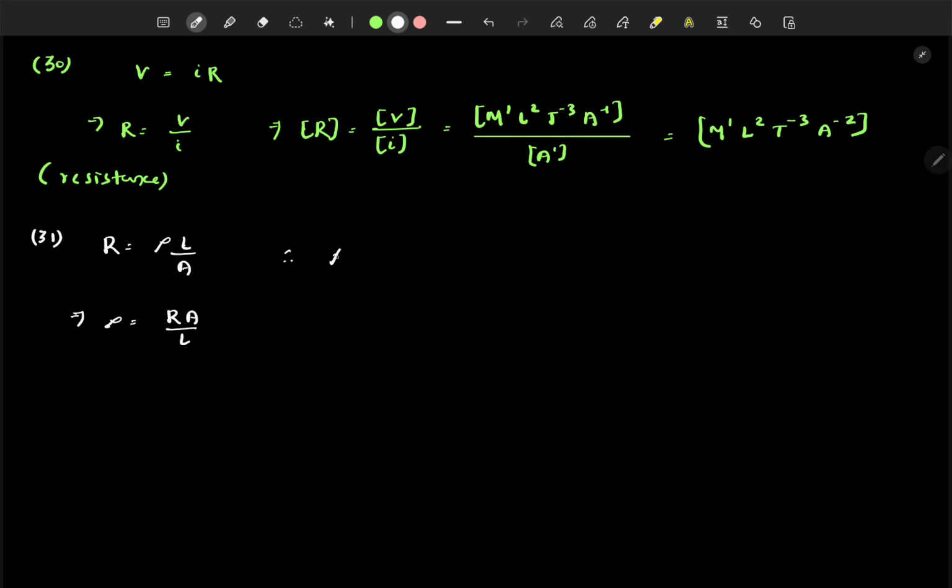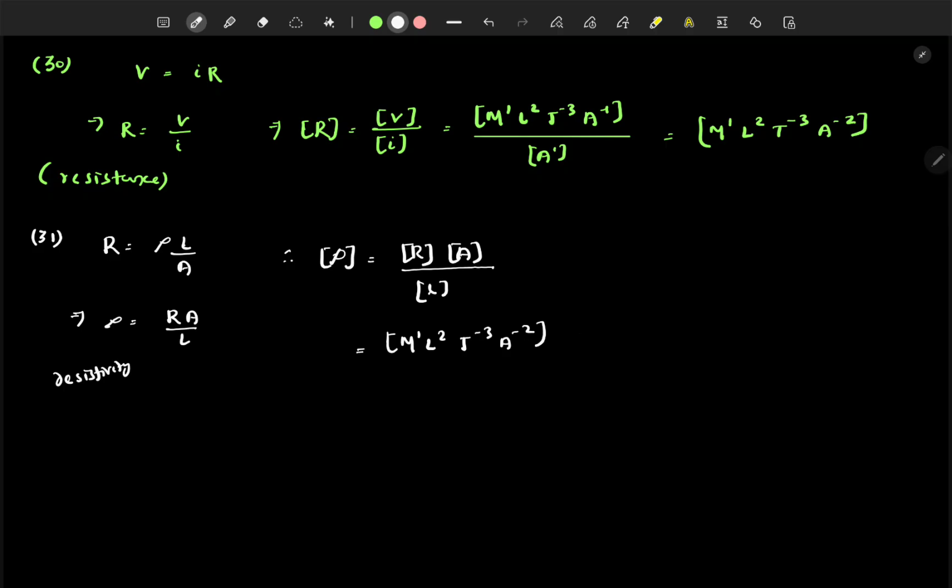So the dimension of rho, the resistivity, will be the dimension of resistance times the dimension of area of cross section divided by the dimension of L. The resistance dimension is M1 L2 T minus 3 A minus 2.